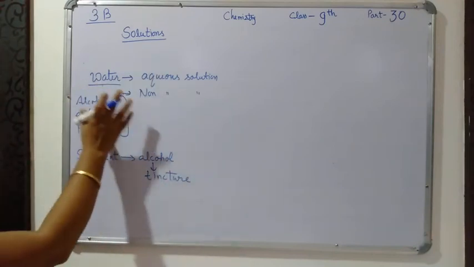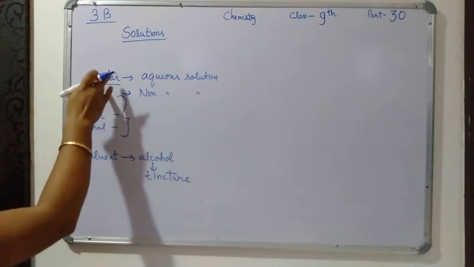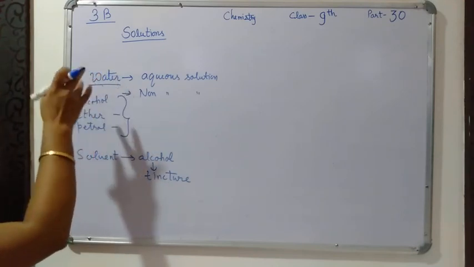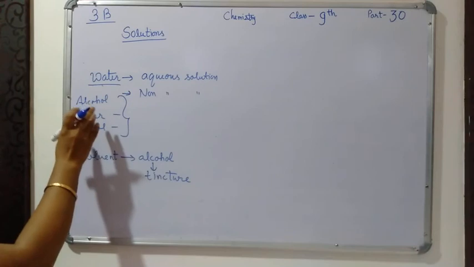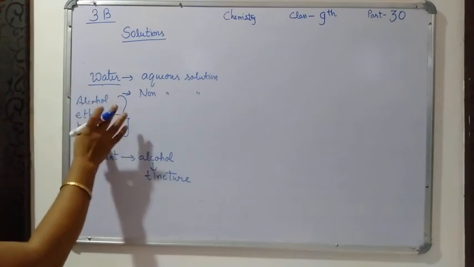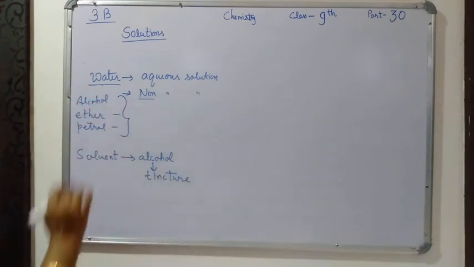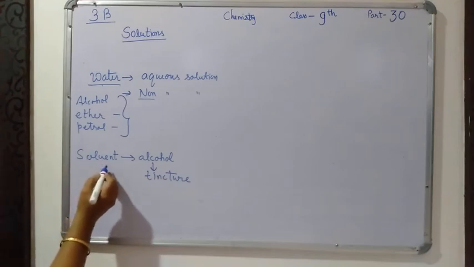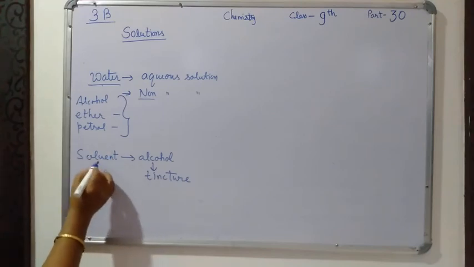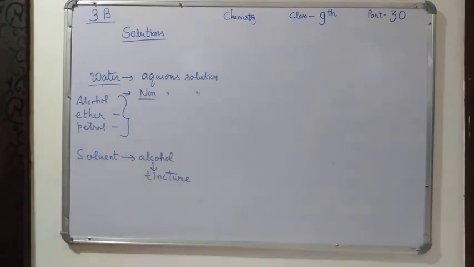The solution in which any liquid other than water is the solvent is called a non-aqueous solution. The solution in which the solvent is alcohol is called a tincture. I hope you understood all these things.